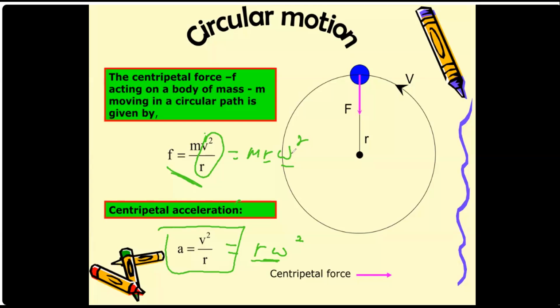Written a different way, we can write it in terms of the angular velocity, which is omega. So acceleration is equal to r omega squared. And therefore the force is going to be m r omega squared, right? Get that so far?